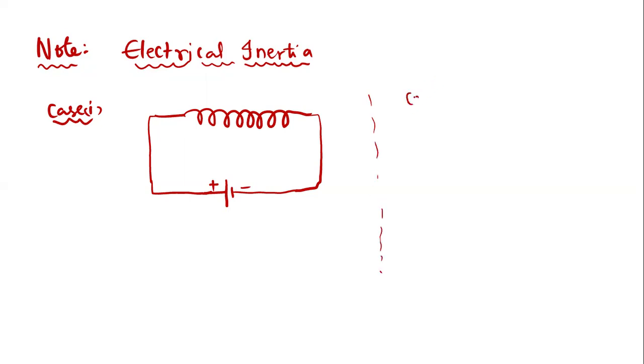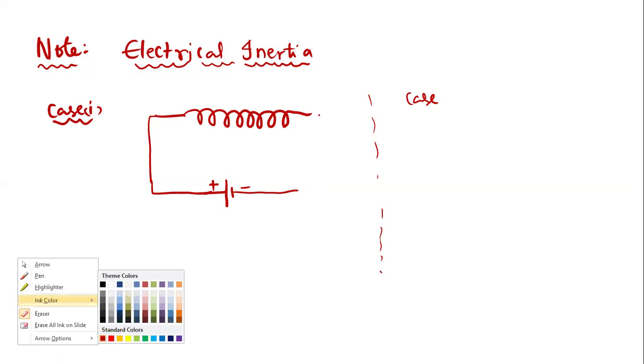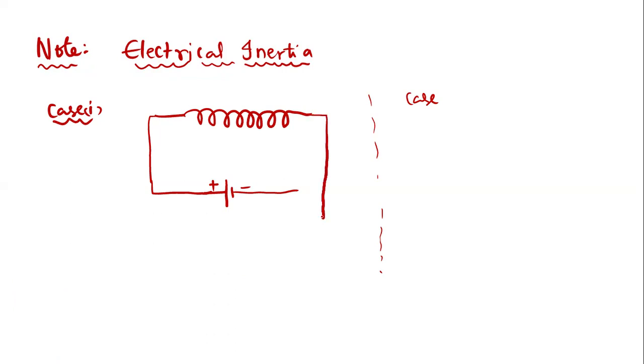And the second case is that, instead of only a single thing here, I want to increase and decrease the current. For that, I will have one rheostat connected at this point. You already know the rheostat, yes or no? The rheostat will fluctuate the current in the circuit.